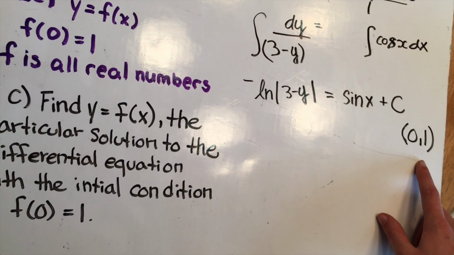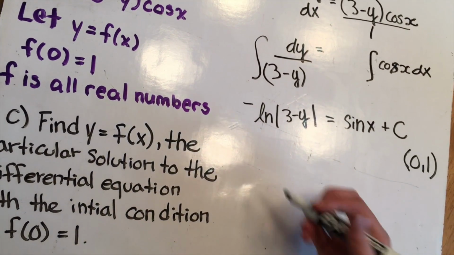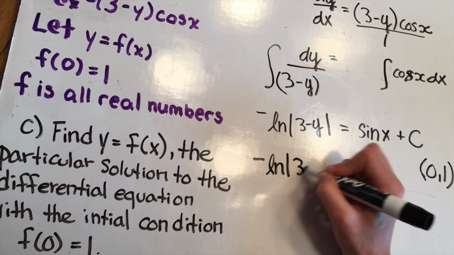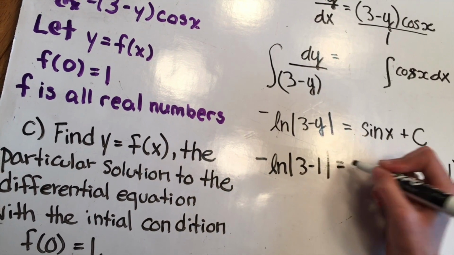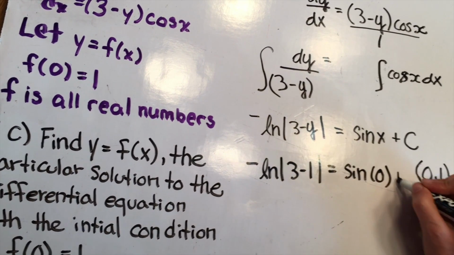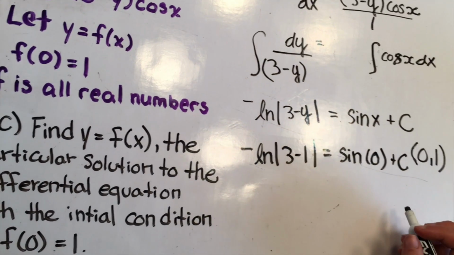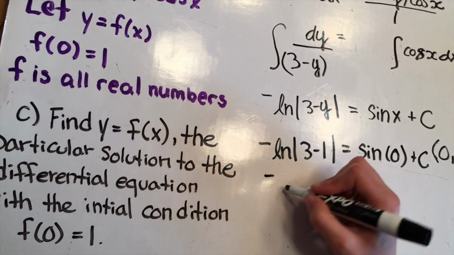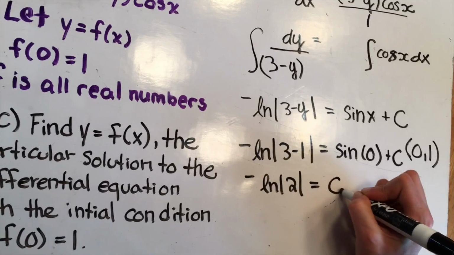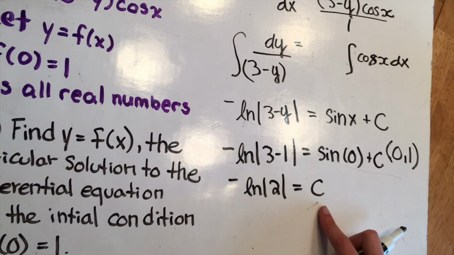When you substitute your point, you get negative ln of (3 minus 1) equals the sine of 0 plus c. So you get negative ln of 2 equals c, and that is your c value.